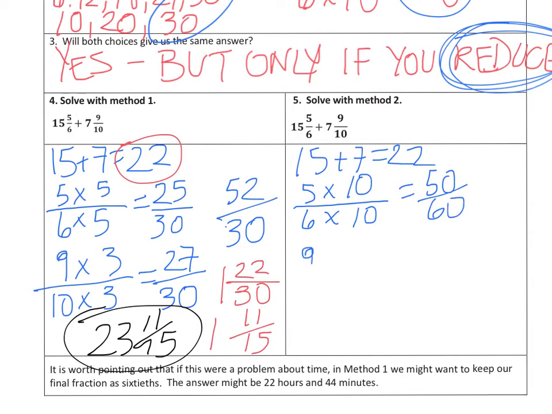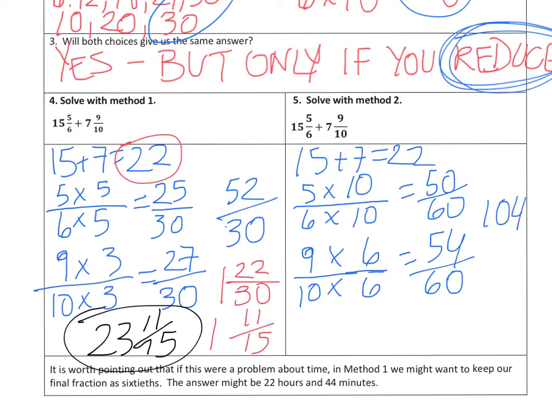And then for 9/10, now we're multiplying by 6 for 54 60ths. Oops, did you guys catch that mistake I made? Let's try that again. Times 6 for 54 60ths, bringing us up to a grand total of 104 60ths.